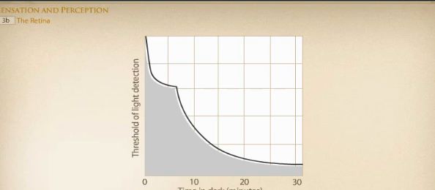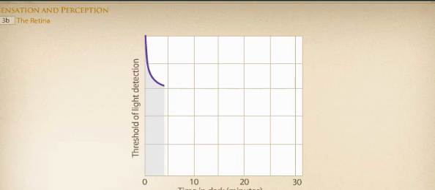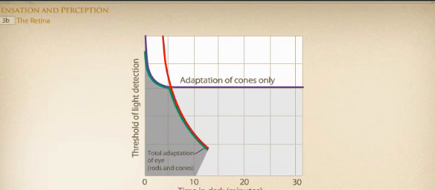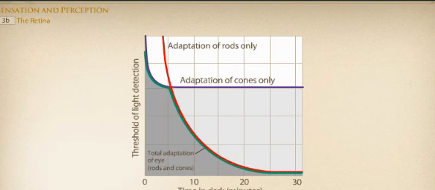The curve that charts your overall adaptation consists of two segments, because the cones adapt more rapidly than the rods. Vision improves markedly during the first 5 to 10 minutes as the cone cells adapt rapidly. However, the cone's adaptation soon reaches its limit. Further improvement comes from the adaptation of the rods, which adapt more slowly than the cones but can handle lower levels of light.